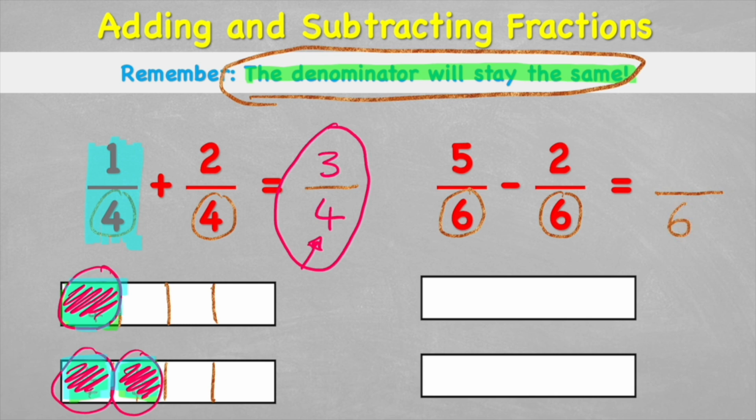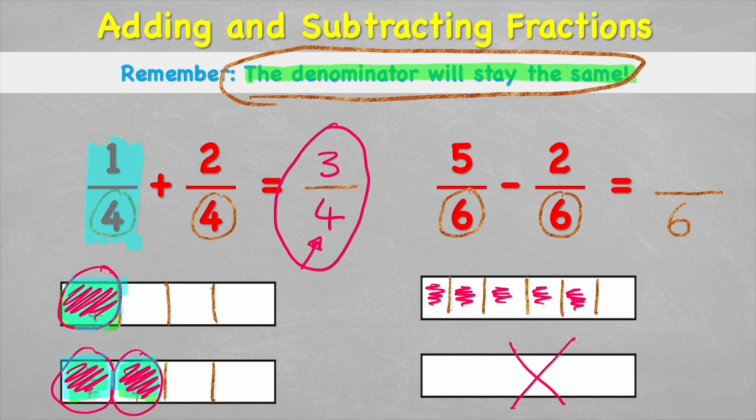Now let's draw out our chocolate bars. Let's cut it into 6. There you go. I've got 6 equal parts. And in the first fraction, I have 1, 2, 3, 4, 5, 6. But then I'm taking away 2/6. So I don't need my second chocolate bar here because I'm not adding.